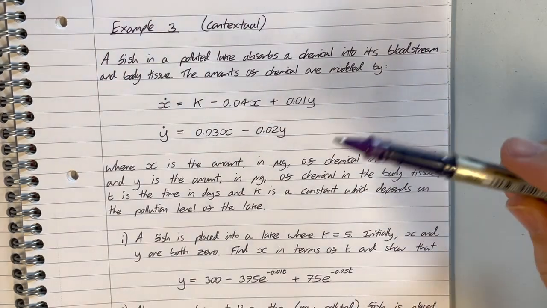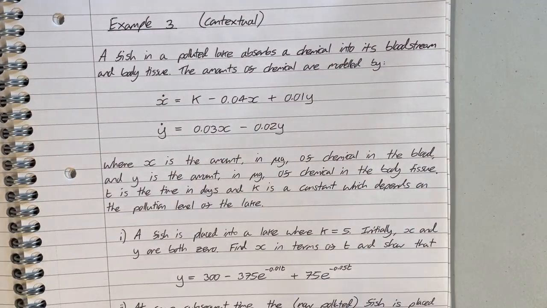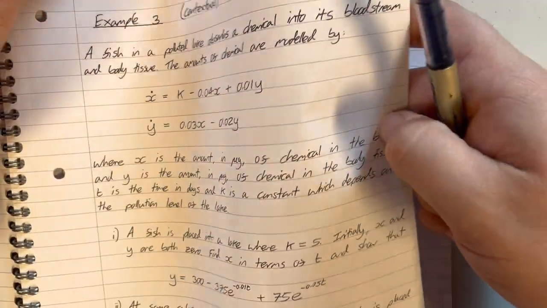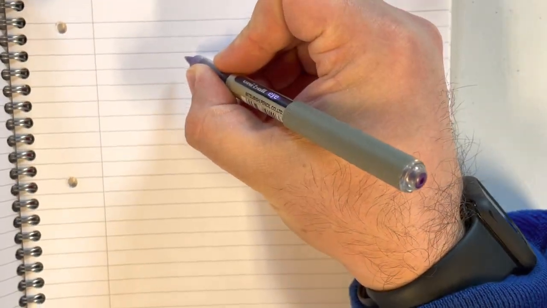Okay, so I'm going to roll on to the next page. And we're going to put these differential equations down. So just going to copy them down so we can see them over here.